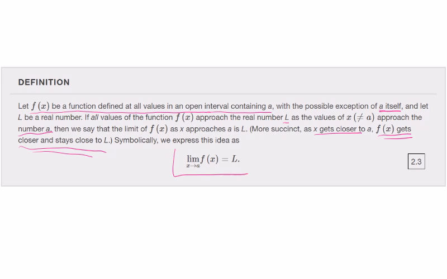So this is the notation that we'll use, and that's how you would say this.